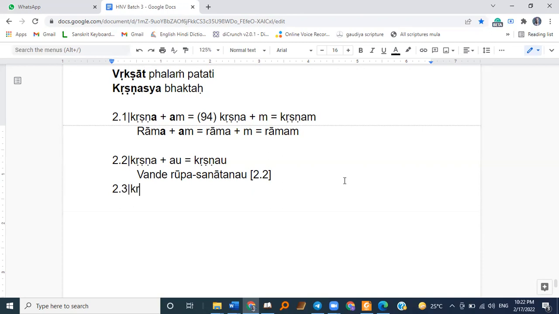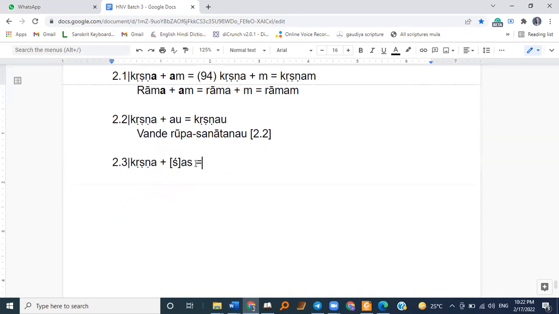Then Krishna Yukta, the 2.3 pratyaya is Shas. Okay, Shas. Then again, now Shas, the indicated letter Sha, is not used in the declension, so we will just remove it.